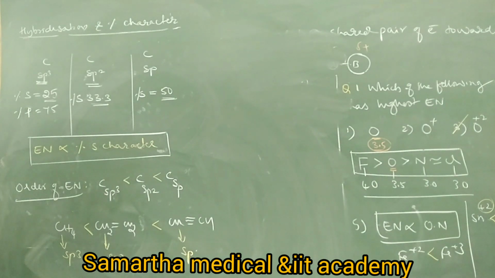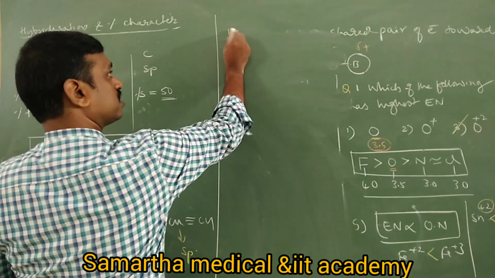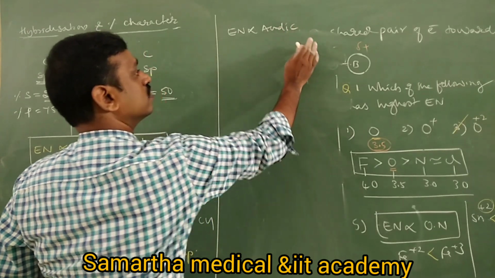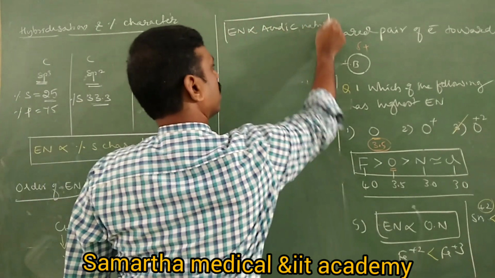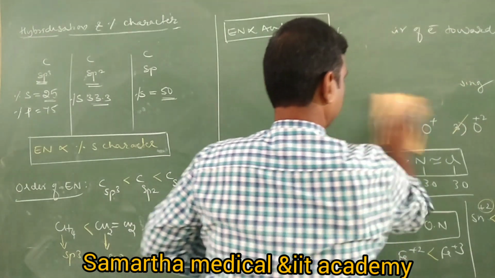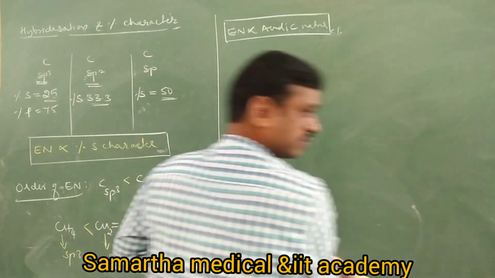Then what is the importance of electronegativity? If you want to go a little higher level, electronegativity is directly proportional to acidic nature. We will study later in detail. I want to discuss 2-3 questions here. Just remember electronegativity is directly proportional to acidic nature.